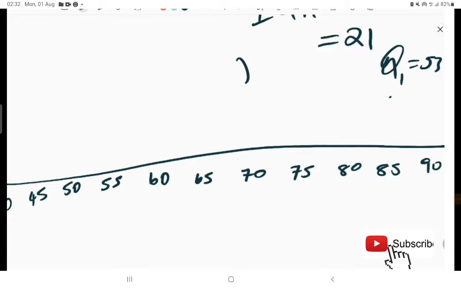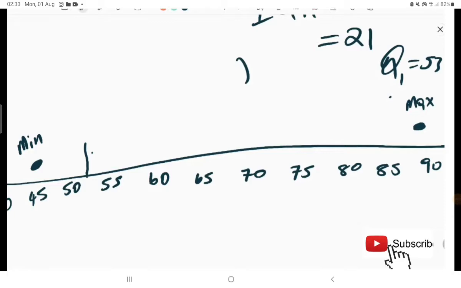So the box and whisker diagram is going to show the data on its own. The minimum is right here at 45, then the maximum is somewhere there at 89. Then the lower quartile is given by 53, and 53 is somewhere around here.